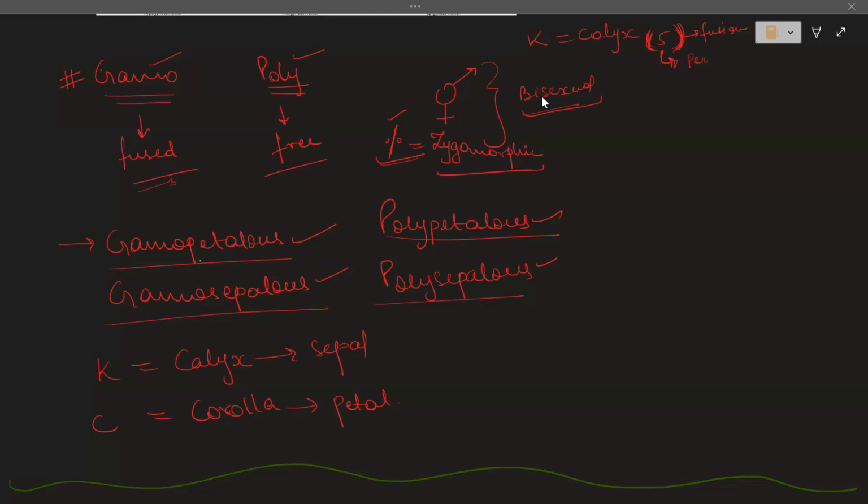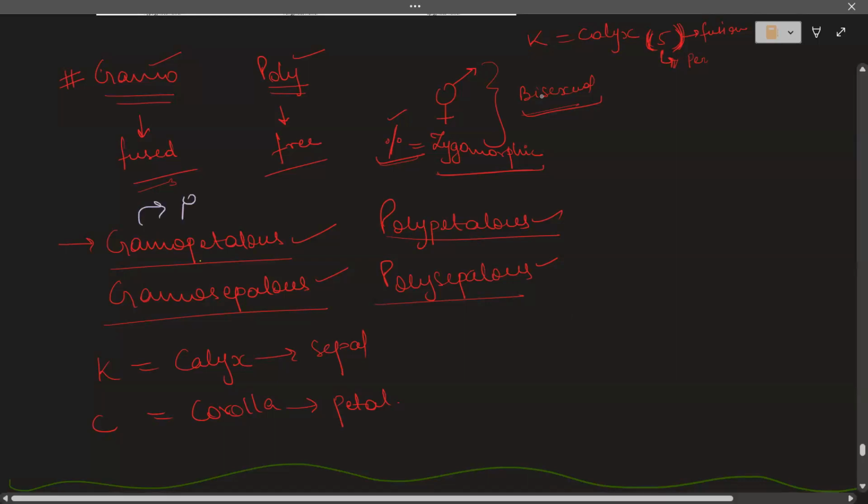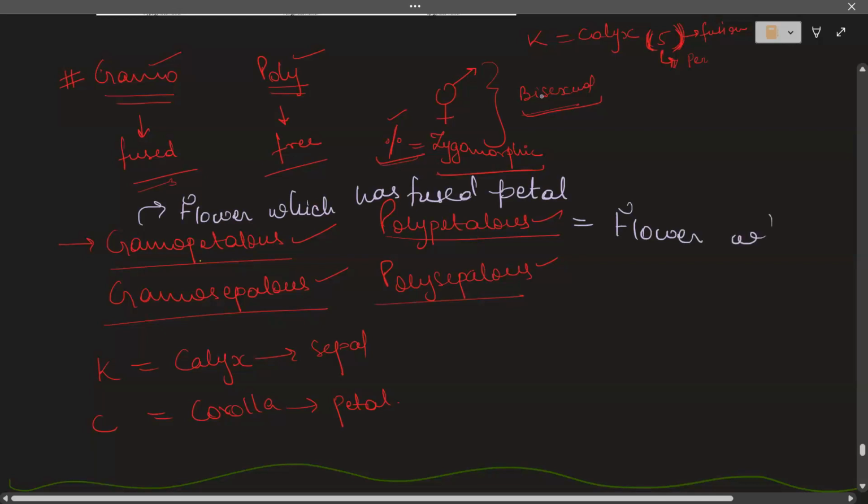Yes, you can write that the petals that are fused together are known as gamopetals, or the flower that has fused petals is called gamopetalous. And here the flower which has free petals is called polypetalous.